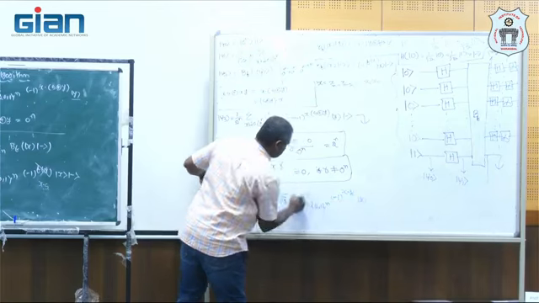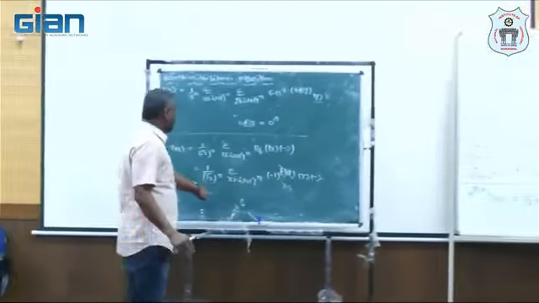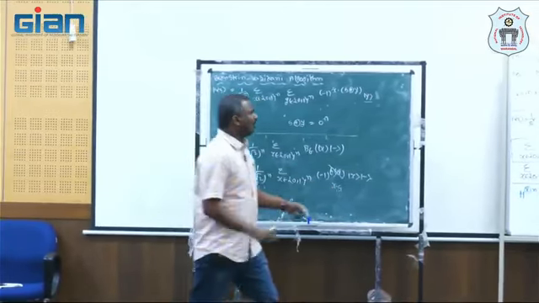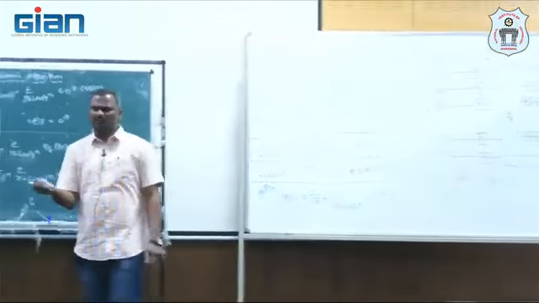We made use of this result. Now after substituting that f of x is x dot s, we got this. After that, what is the final step?